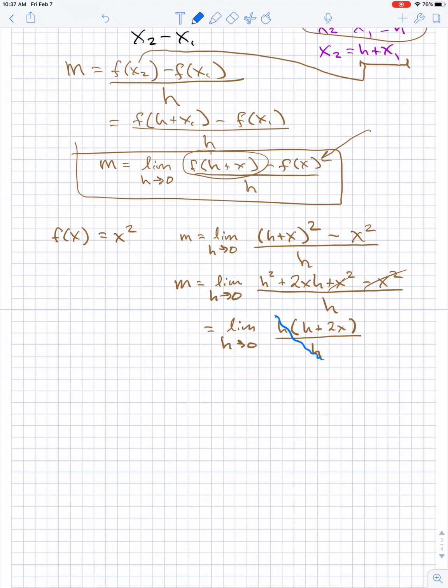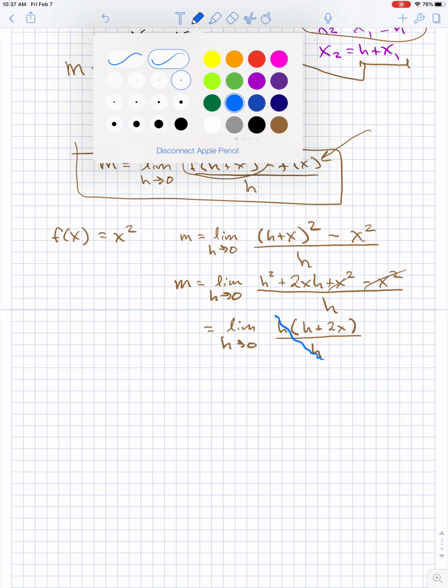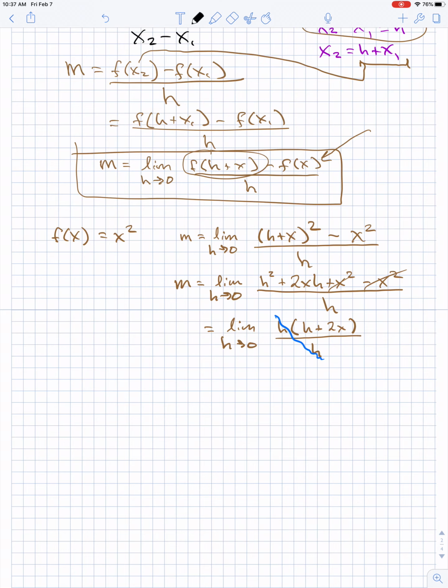You got to get that h to cancel out in the denominator so you don't divide by 0. Check this out. Now we can just straight up set h to 0 without dividing by 0. So we're just going to plug a 0 in for h, and we get that the slope of the tangent line is 2x.